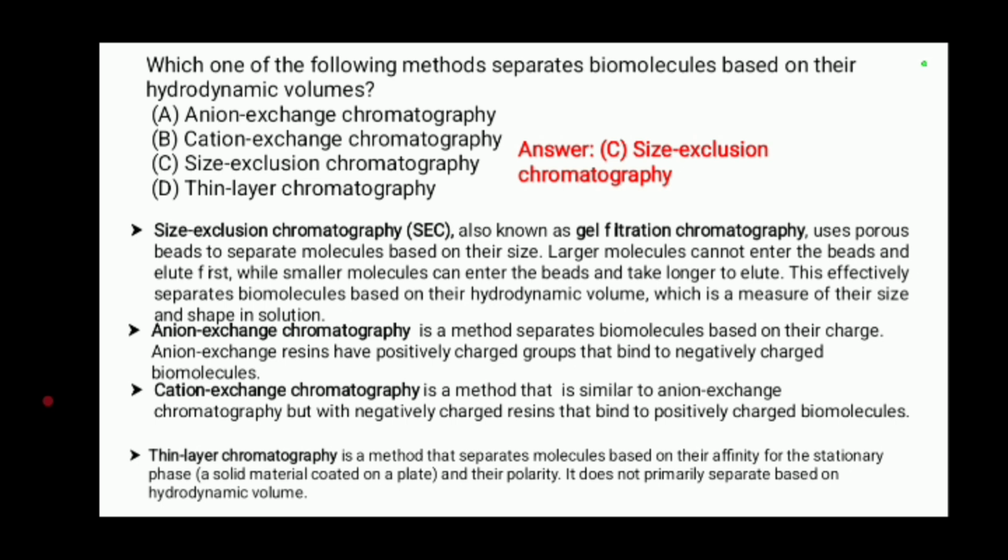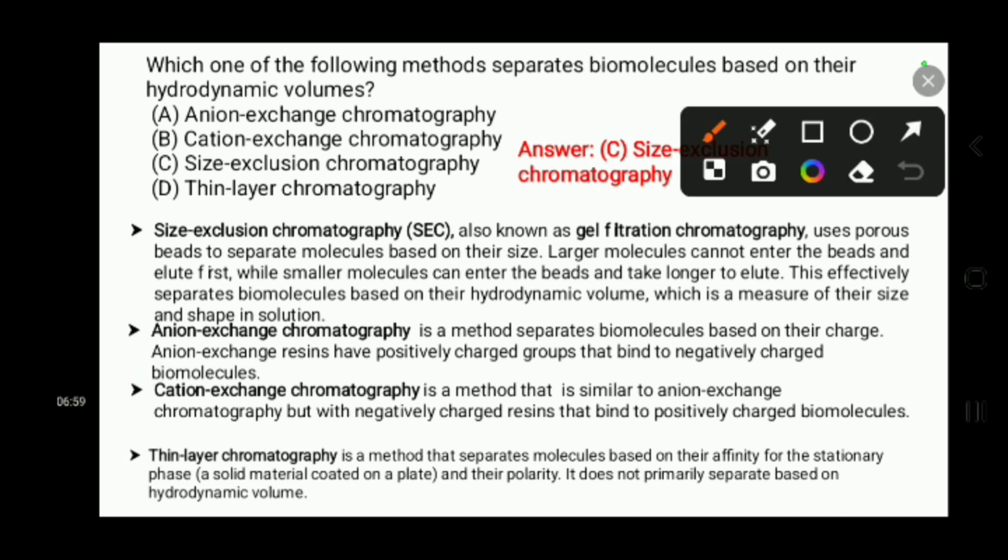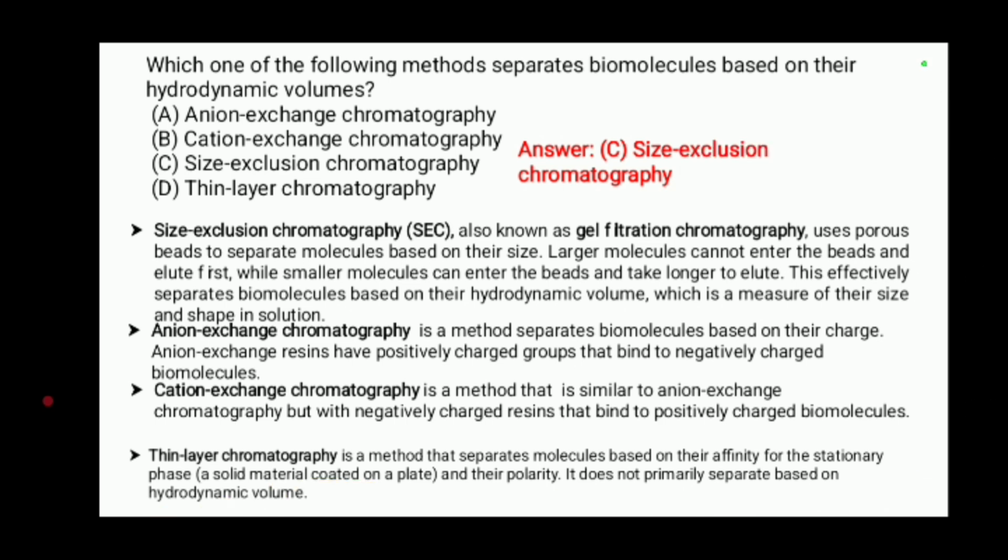Now, thin layer chromatography. Thin layer chromatography is a method that separates molecules based on their affinity for the stationary phase, that is a solid material coated on the plate, or their polarity. It does not primarily separate based on their hydrodynamic volume.